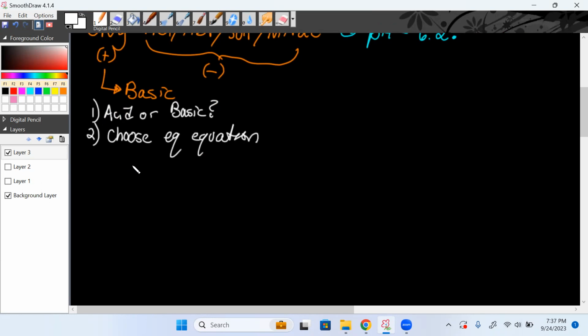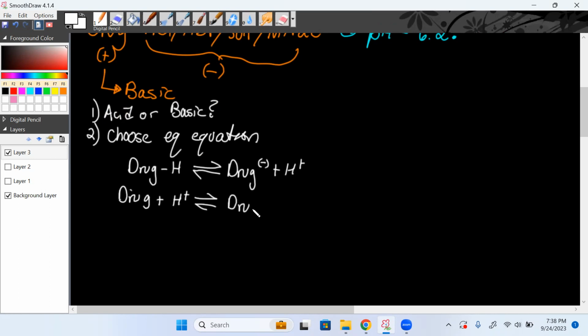So for acidic drugs, what we are going to choose is the drug structure with its hydrogen dissociates into drug minus plus H plus, or we can have a basic drug, which will capture the hydrogen and we get the protonated form.